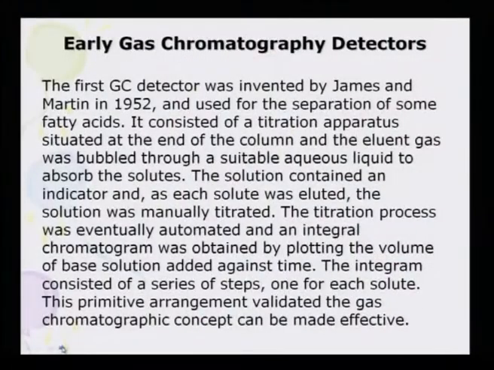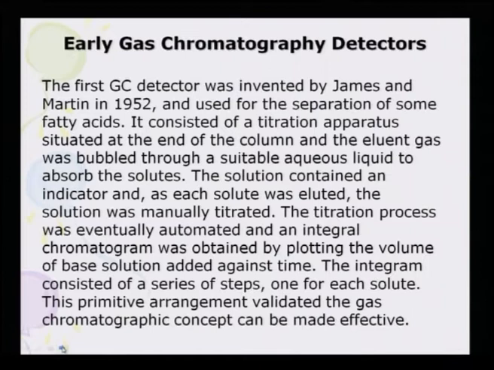The first GC detector was invented by James and Martin in 1952 and used for separation of some fatty acids. It consisted of a titration apparatus situated at the end of the column, and the eluent gas was bubbled through a suitable aqueous liquid to absorb the solutes. The solution contained an indicator, and each solute was eluted. The solution was manually titrated.